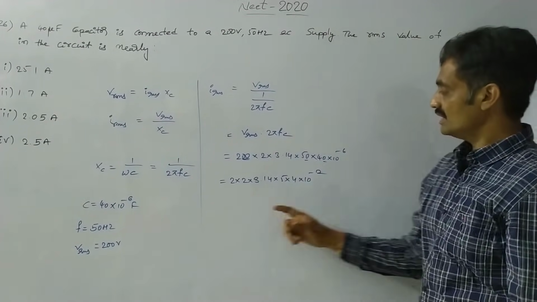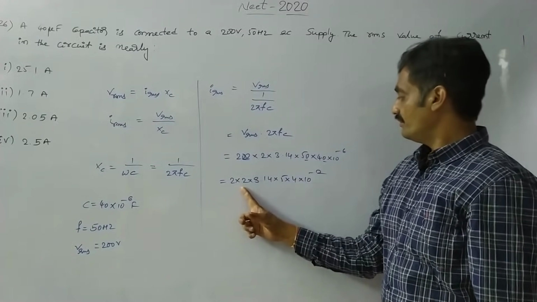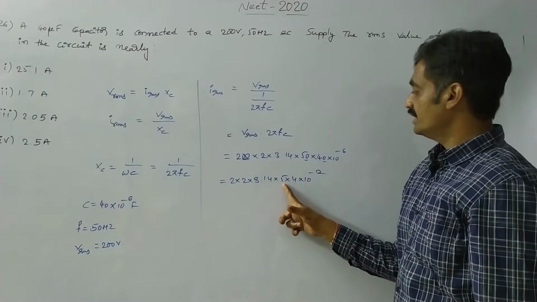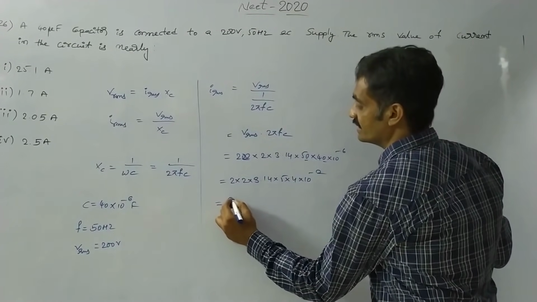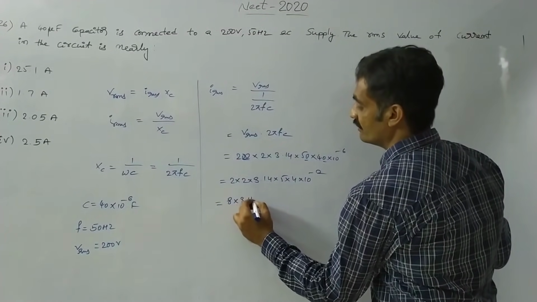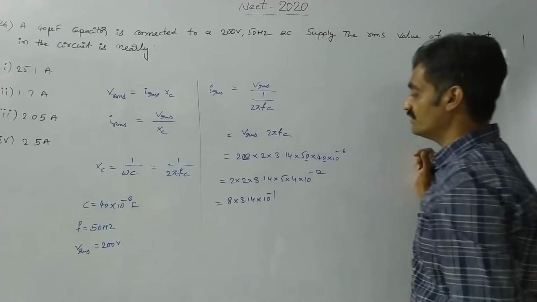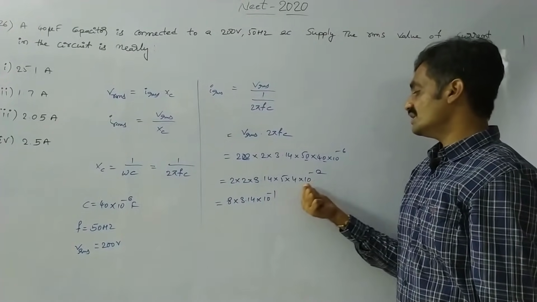2 into 4, 4 into 5 is 20, 20 into 4 is 80. So we can write it as 8 × 3.14 × 10^-1. Why? Because we got 80, and one zero has been moved.